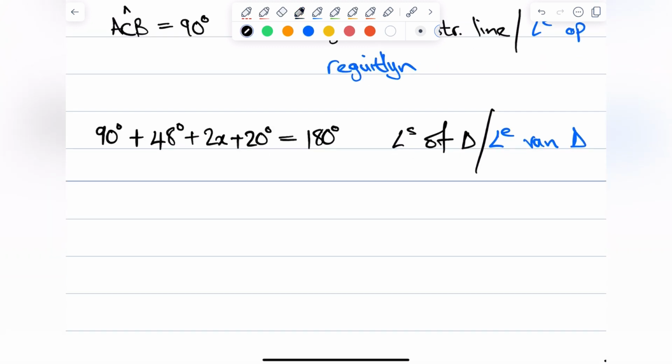Adding all our like terms together, there's just 2x there, so 2x will remain. And we've got 90 plus 48, which is 138 degrees, plus 20 gives us 158 degrees, and that is all equal to 180.